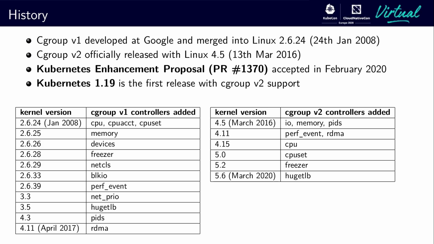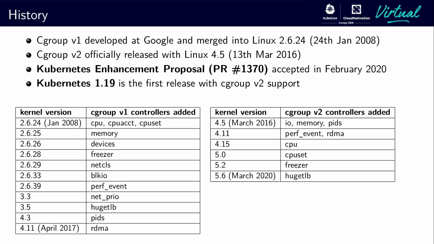To give some background, cgroup v1, the one currently used by Kubernetes, was first developed at Google in 2006 and was finally merged in the upstream Linux kernel in 2008. Cgroup v2 followed up a decade later and was released in 2016.